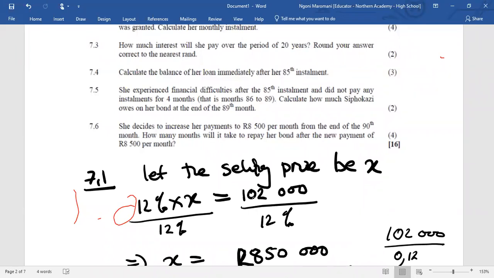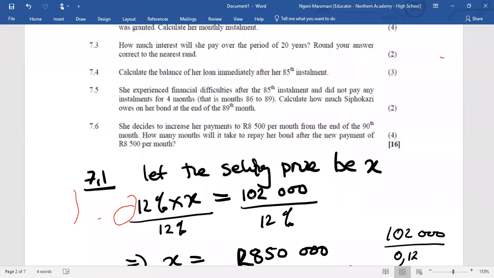So installment 86 was not paid, 87 was not paid, 88 was not paid, 89 was also not paid, making a total of 4 unpaid installments. So calculate how much Sipokas owes on the bond at the end of the 89th month.